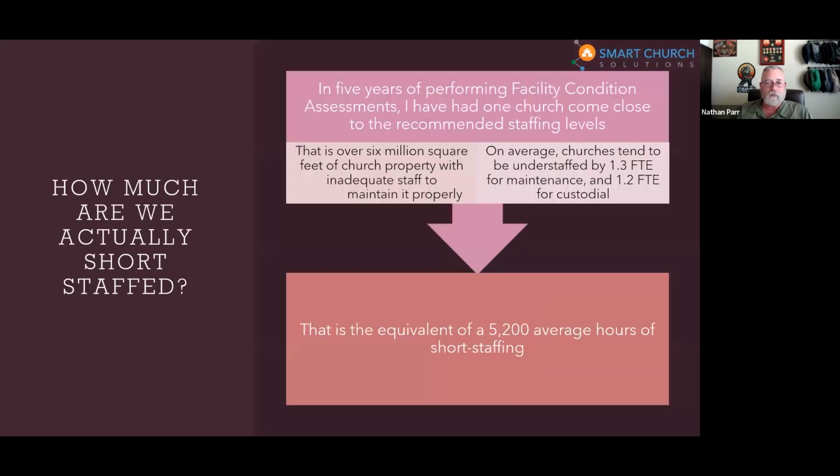And then again, when we talk about short staffing and how that impacts us. This is a little old data. I say old, it's about a year old. But in the last 5 years or so, I've had one church come close to the recommended staffing levels. So again, what does this have to do with communication?